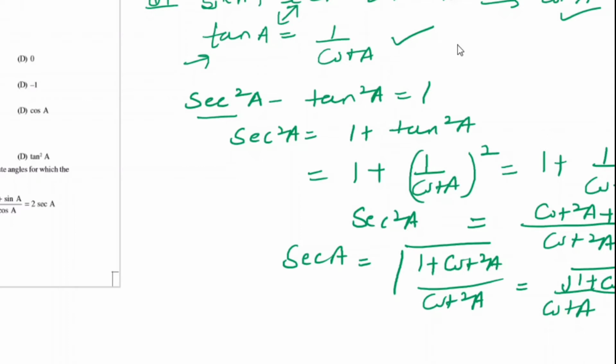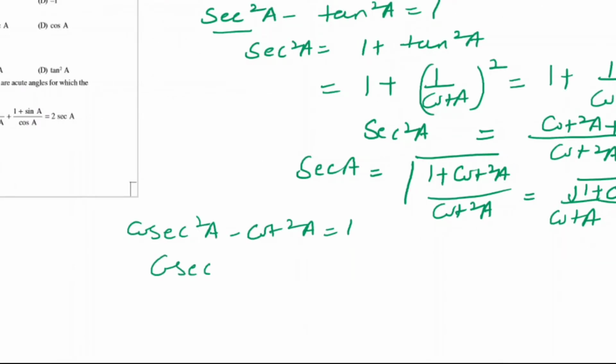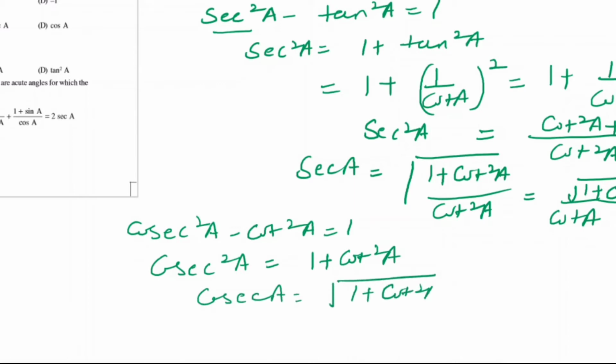Now which is the third one? Third is sine A. Okay, how to write sine A? We know that there is a relationship between cosecant A and cot A, and this is one of the identities. So you can find the value of cosecant square A from here, which is 1 plus cot square A. So cosecant A is under root 1 plus cot square A. So the value of this is known.